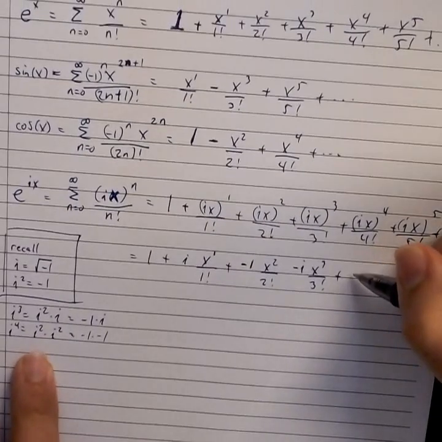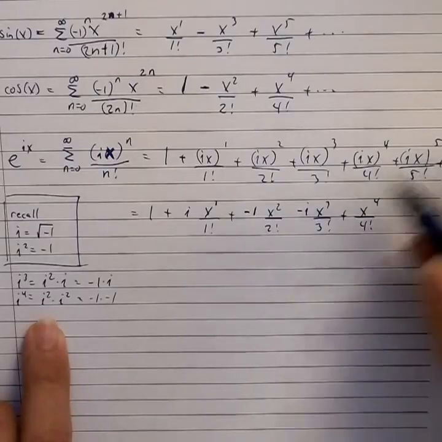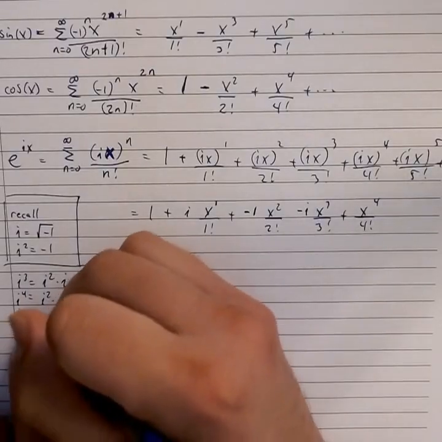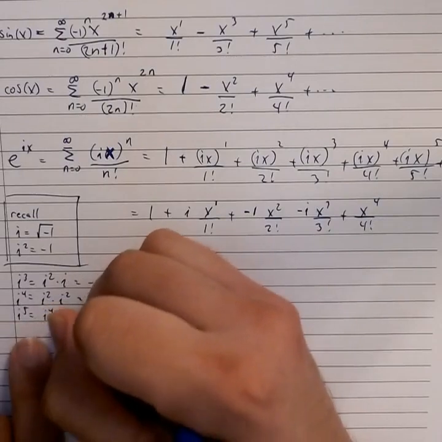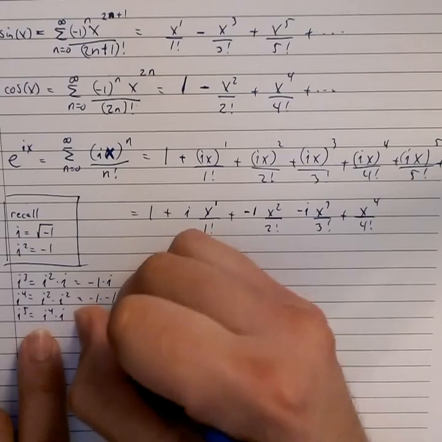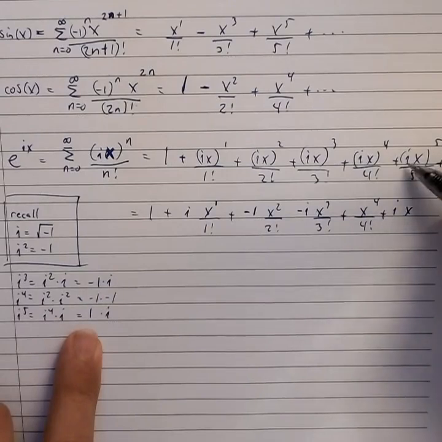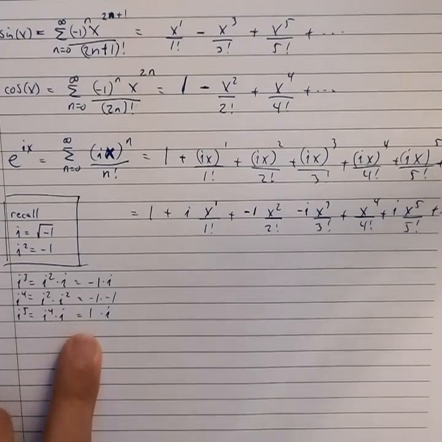So that's going to be plus 1 times x to the power 4 over 4 factorial. And then over here, I can do the same thing with i to the 5. That's i to the 4 times i. We just saw i to the fourth is 1, so that's 1 times i, which is just i. i to the fifth is i. x to the fifth over 5 factorial stays the same.